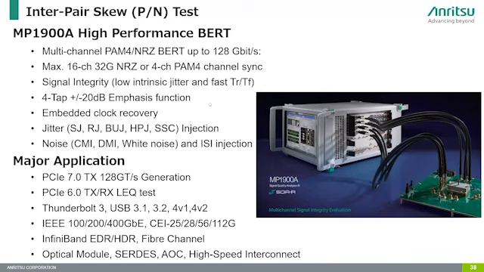For tap emphasis, it has completely independent plus minus 20 dB emphasis functions. The error detector has embedded clock data recovery. You can inject 2 tones of SJ, RJ, random jitter, BUJ for crosstalk simulation, period jitter, SSC, noise, CMI, DMI, and broadband white noise. And these are the major applications.